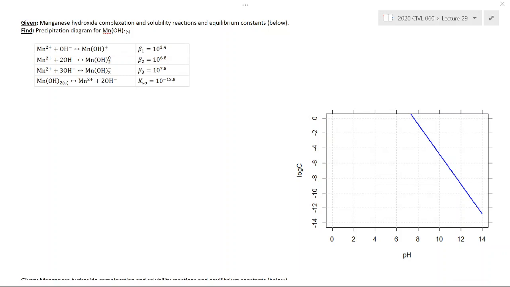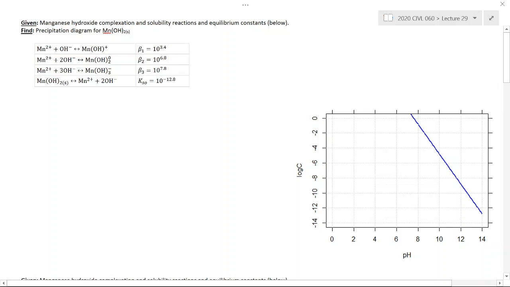Okay, so here we go. We are going to develop a log C pH diagram for manganese hydroxide. And in order to derive the lines that will go on that graph, we need to use these reactions and equilibrium constants. The first one that we're going to look at is the 4th reaction here, the dissolution of manganese hydroxide.